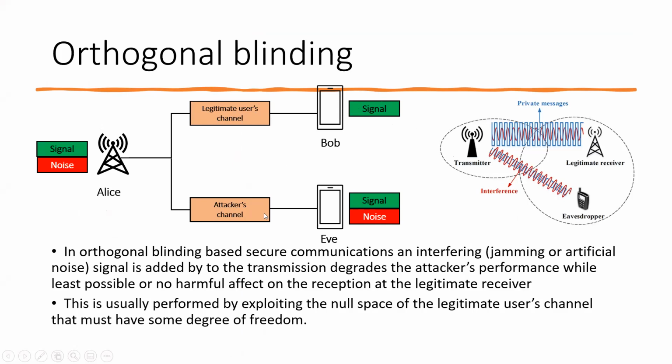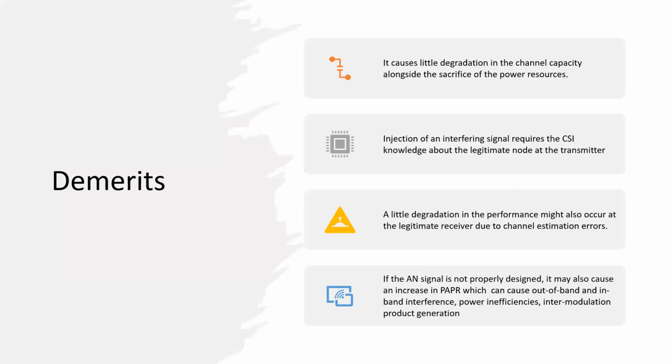I want to mention here that although the attacker is passive and we assume that her channel is not known, this technique will work even if we don't know the channel of the attacker. But if we know the attacker's channel, it can further enhance the performance. Here we are assuming we don't know the channel of the attacker.